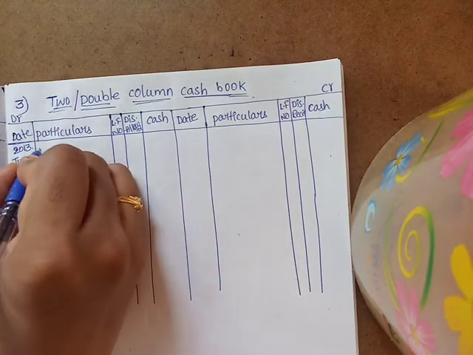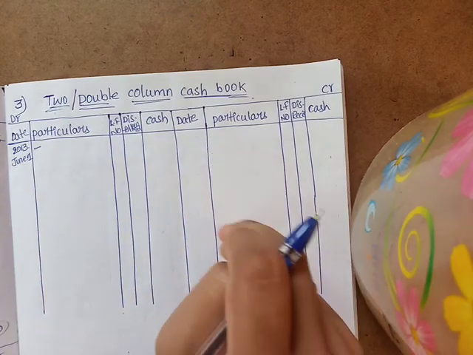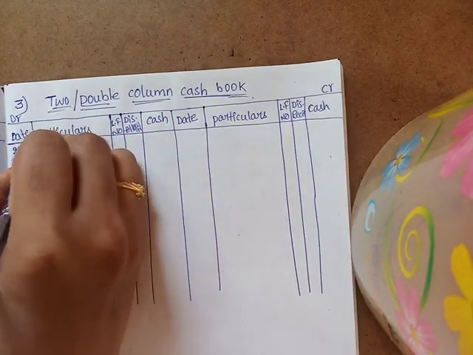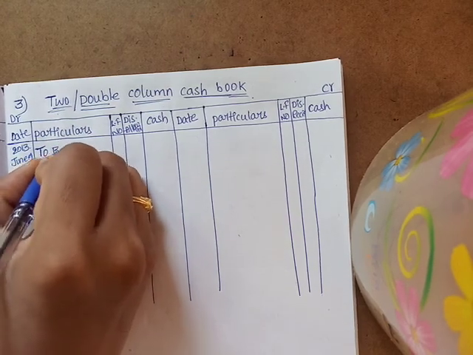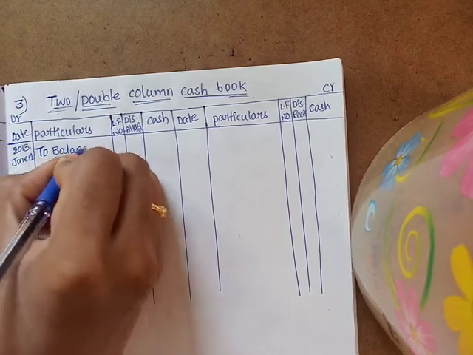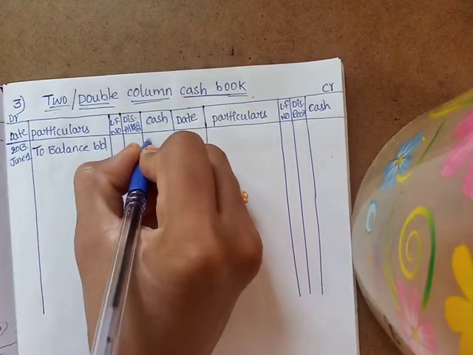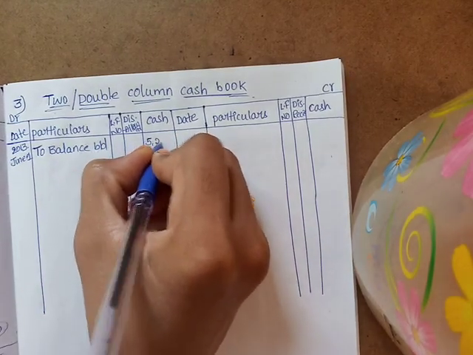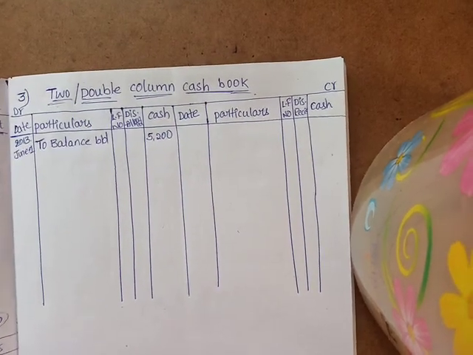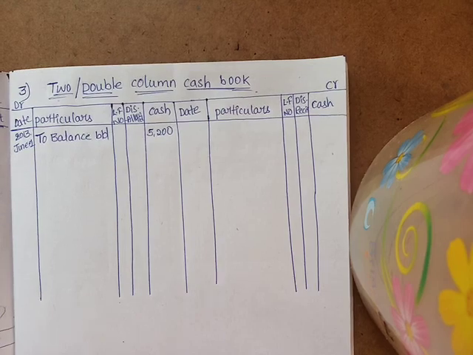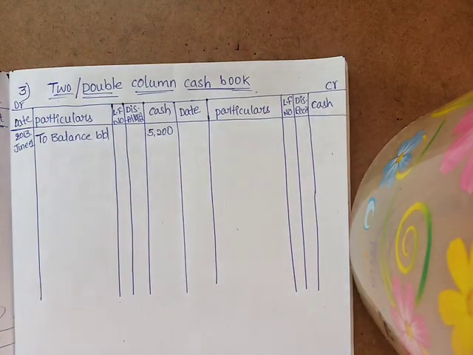The debit side starts with 'To' and the credit side starts with 'By'. So, to balance brought down, how much is the amount? 5,200.